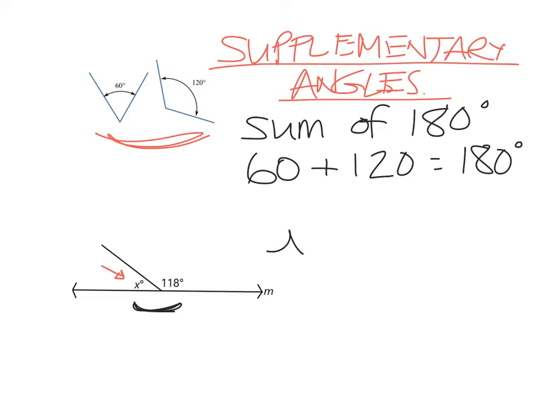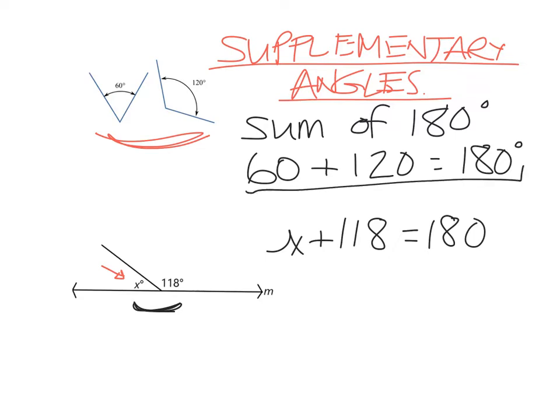So I know that my x value plus the 118 degree angle is equal to 180, because I already learned that up here. So again, I know that in order to balance off this equation, I've got to subtract 118 from this side, which means I have to do the same thing over here. Okay, those are the balancers.